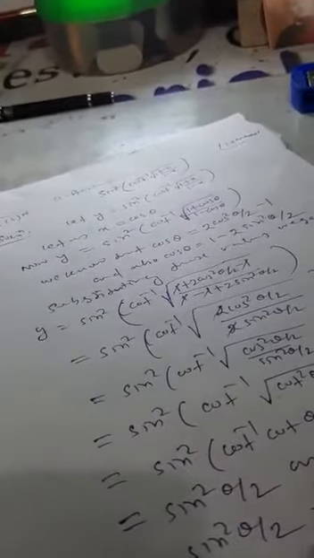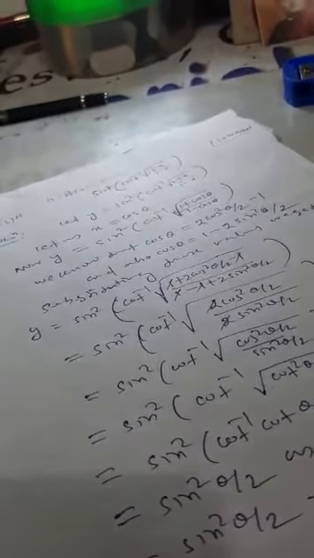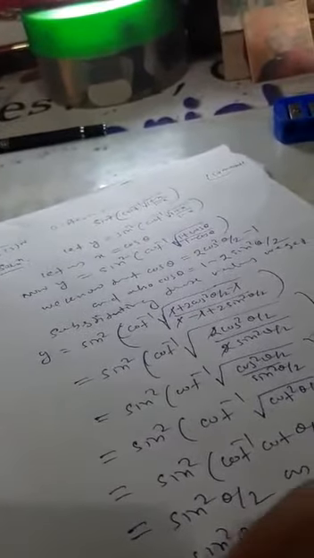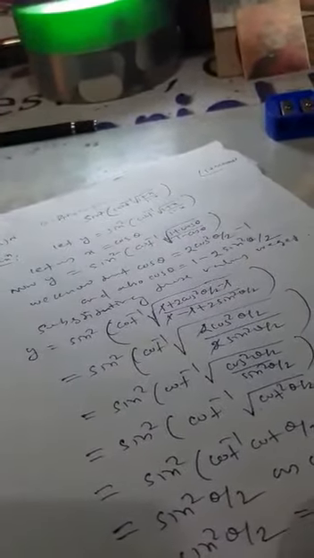So this can be written as 1 by 2 into 2 sin square theta by 2, dividing by 2 and multiplying by 2. So this is equal to 1 by 2 whole into 2 sin square theta by 2, which is the value of 1 minus cos theta, as 1 minus cos theta is equal to 2 sin square theta by 2.